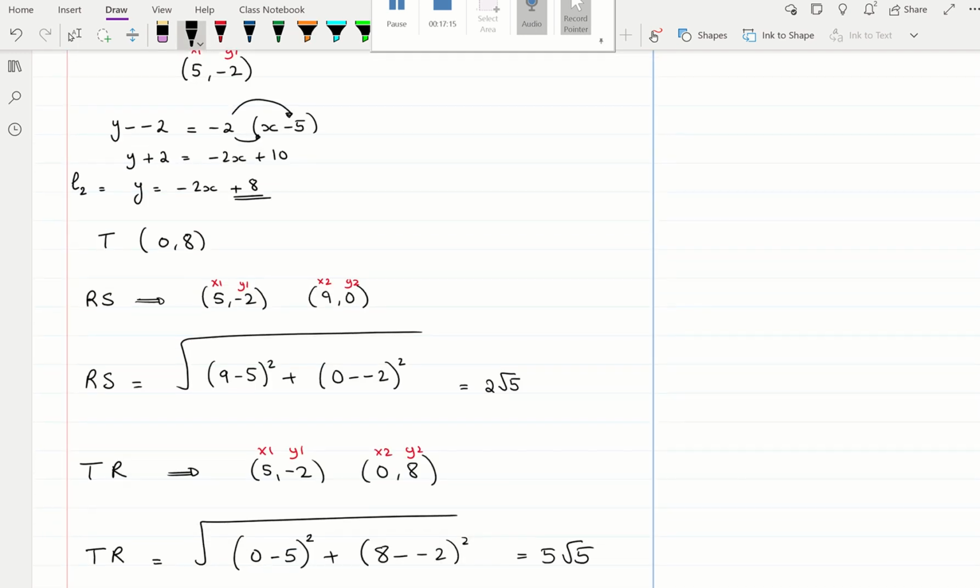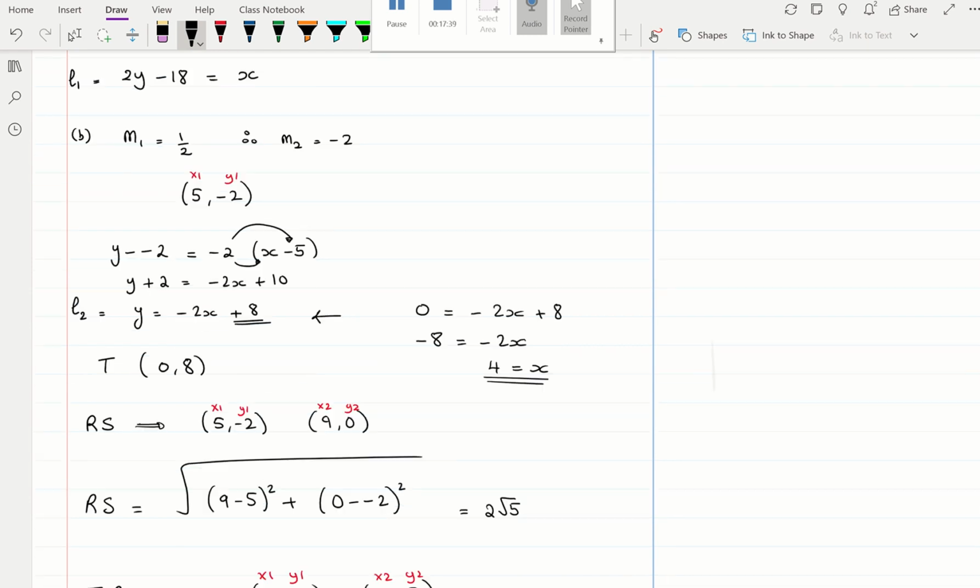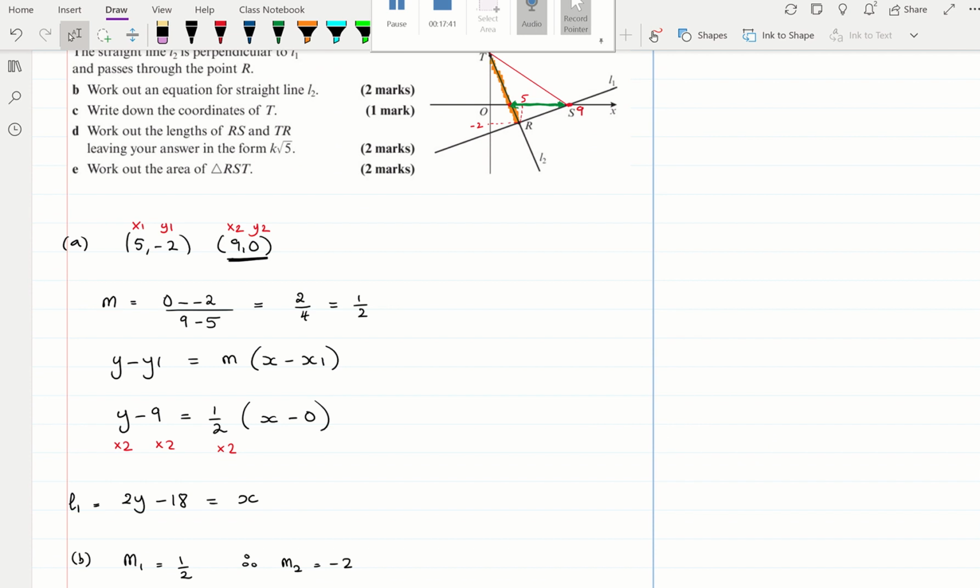So I've got L2 is here, and it cuts the x-axis when y is 0. So 0 equals negative 2x plus 8. So minus 8 equals negative 2x. So x equals a positive 4. So that distance from 4 to 9 is 5.